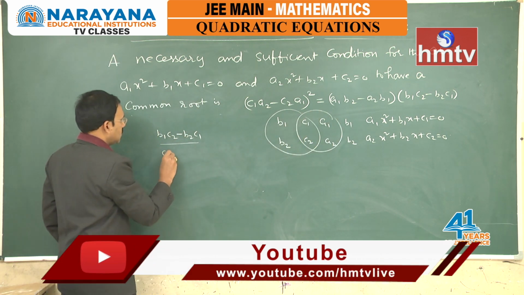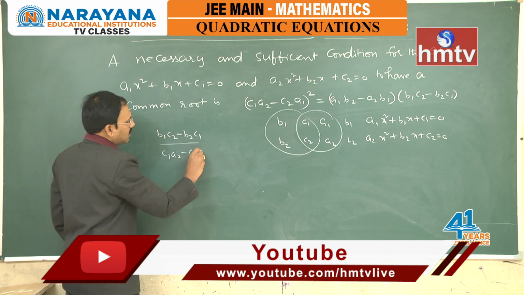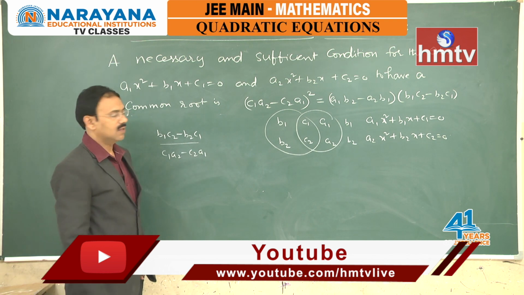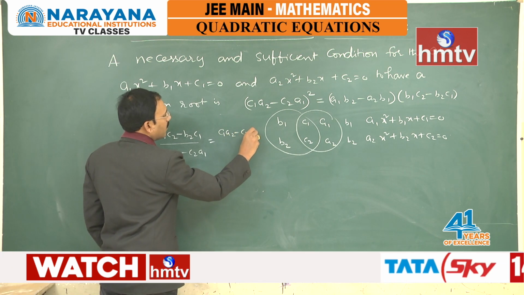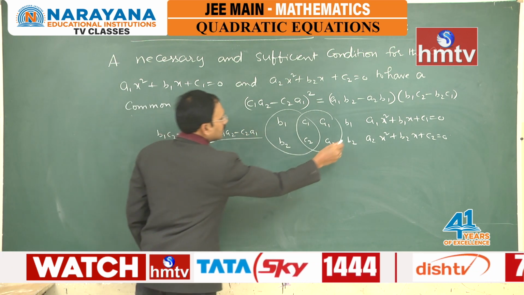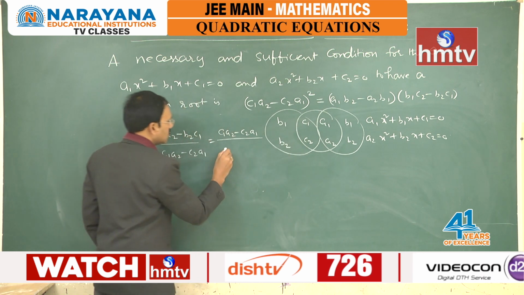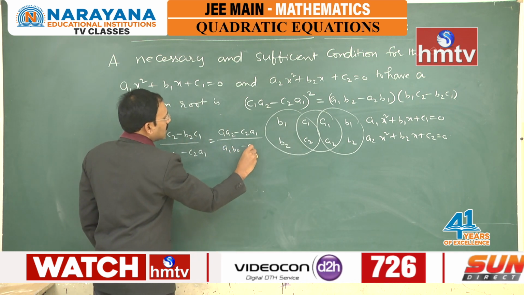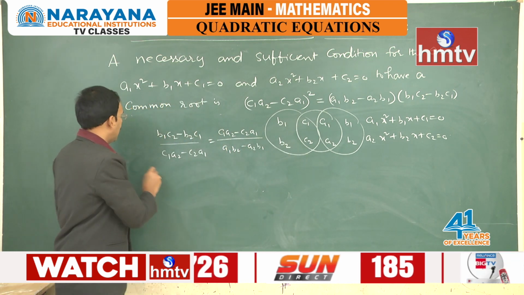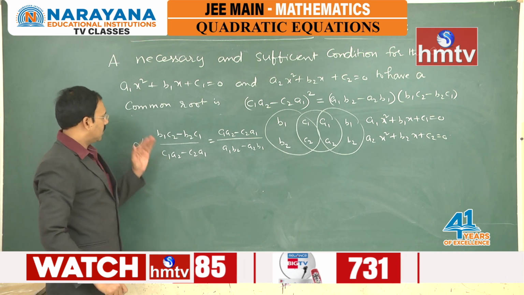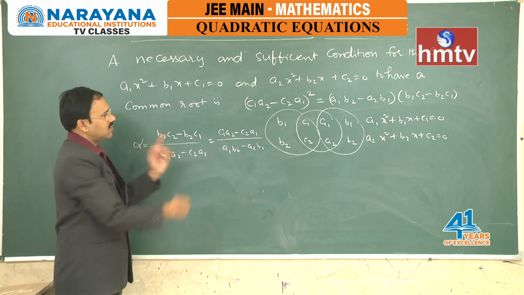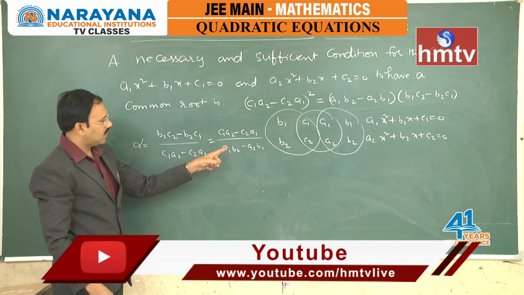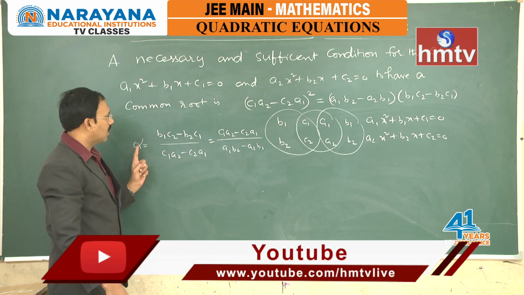This is C1 A2 minus C2 A1, which is again equal to the same second det, C1 A2 minus C2 A1, by the third det, which is A1 B2 minus A2 B1, and name it as alpha. If you just remember it, this is nothing but that condition, its square is equal to this into this. Moreover, we know that this is the common root alpha.